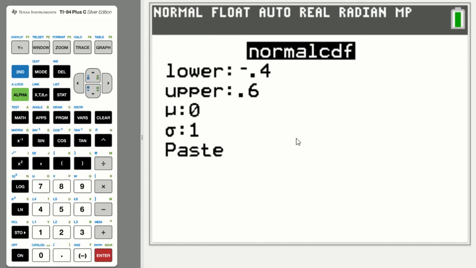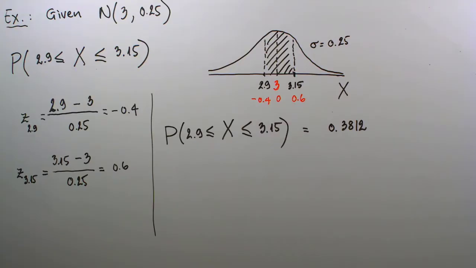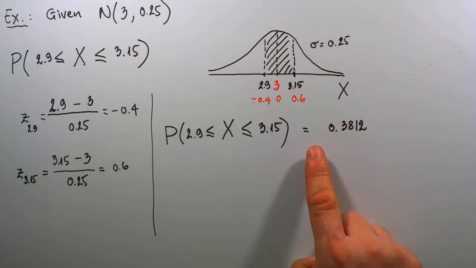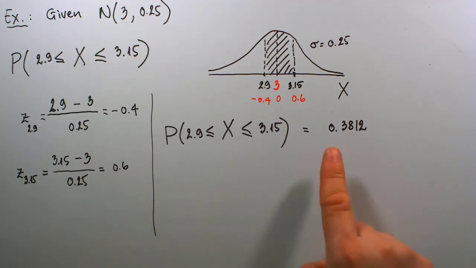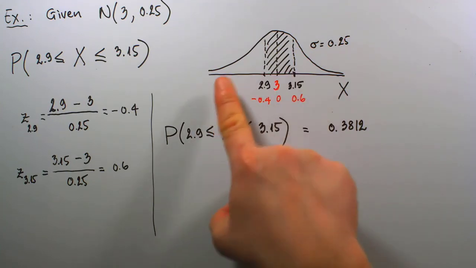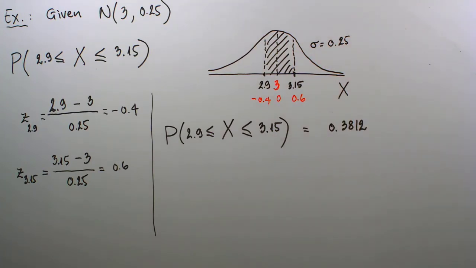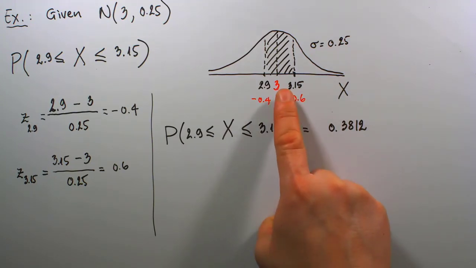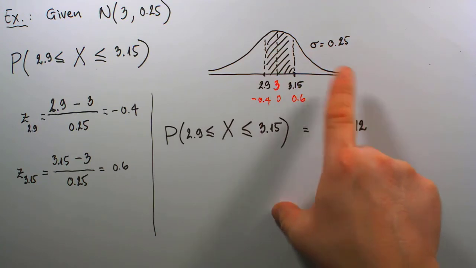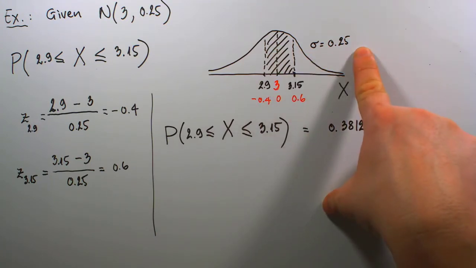This normal CDF is strong enough to handle the general normal distribution directly. Meaning, if your instructor doesn't require you to go through the z-score steps, then right from here, on the general normal distribution bell curve, you can execute your normal CDF command. Notice our general normal distribution here has mean 3 and standard deviation 0.25.